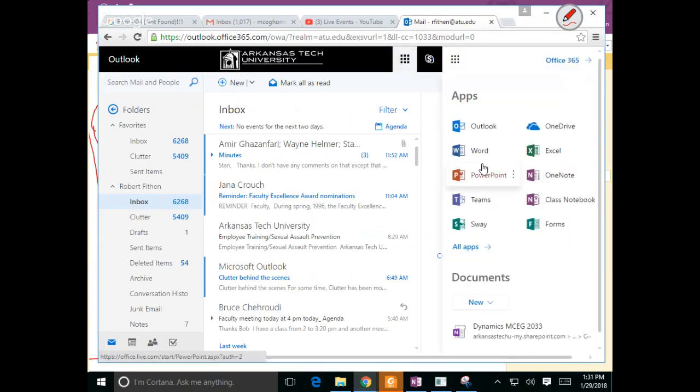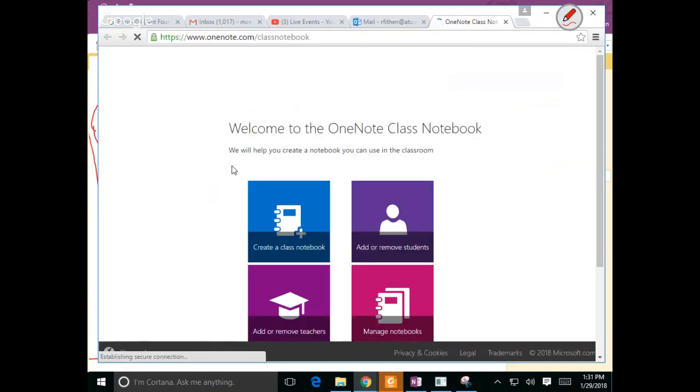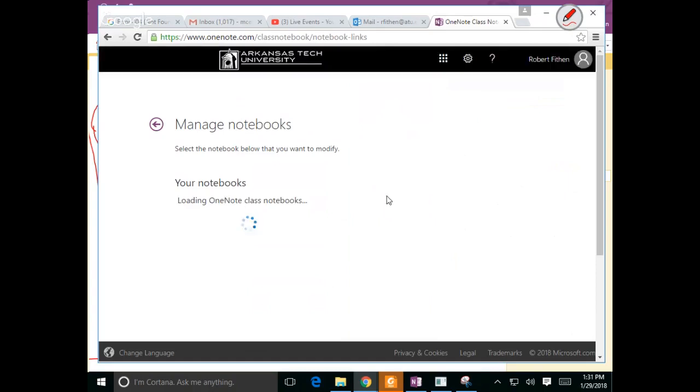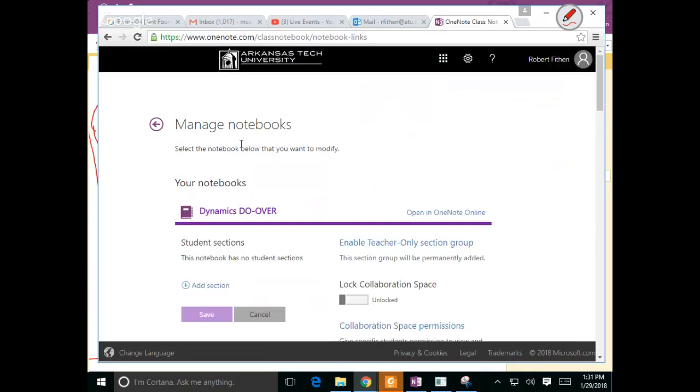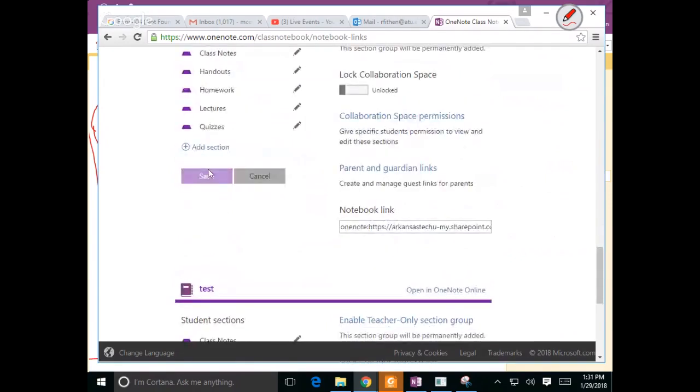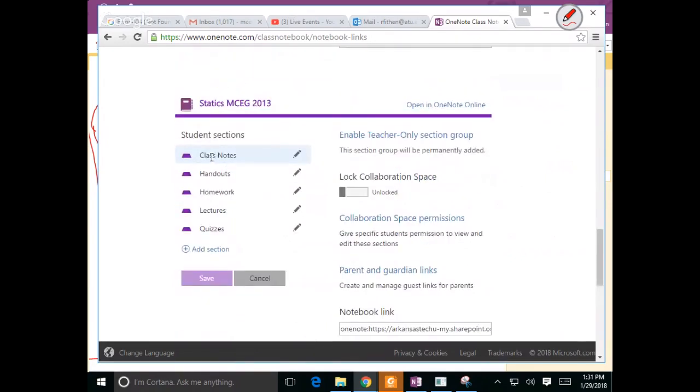Class notebooks. I want to manage my notebooks. I want to look at my notebooks. This is statics, right? There we go. I just want to look at them. Open. Okay, there we go. Is this thing saving?